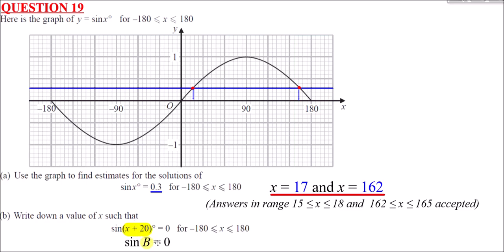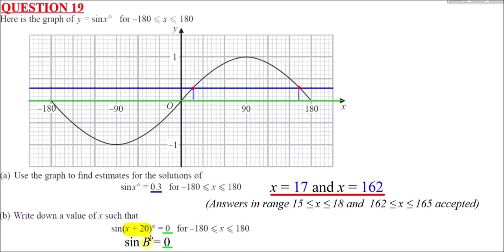So again, similar to part A, I can use a graph to find whereabouts y is equal to 0. Essentially, when y is equal to 0, it's on the x-axis. So where does this curve cross the x-axis? So if I just highlight the x-axis in green, like so, you can see here it's going to cross at 3 different points: minus 180, 0, or 180 degrees.